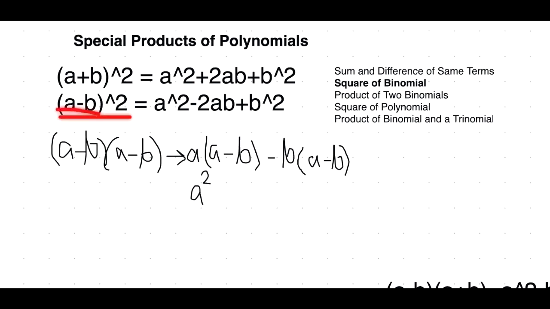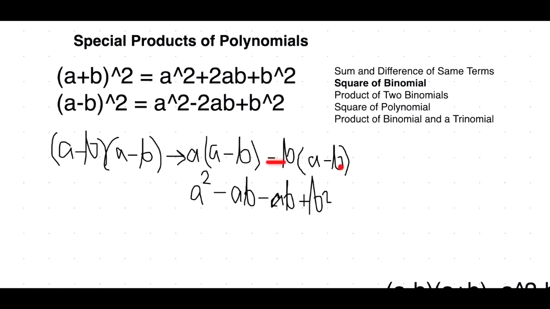So a times a, that's a squared. A times negative b, that's negative ab, because positive times negative is a negative. Minus b times a, again that's minus ab. And then minus b times minus b is equal to positive b squared, because a negative number multiplied by a negative number results in a positive number.